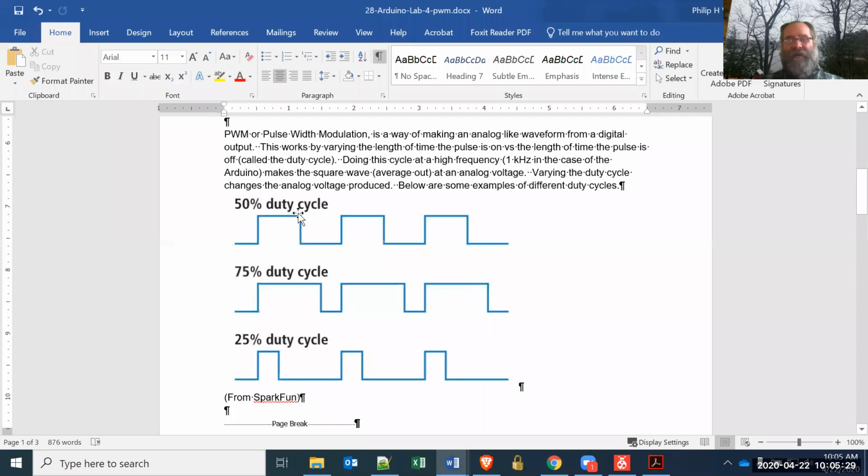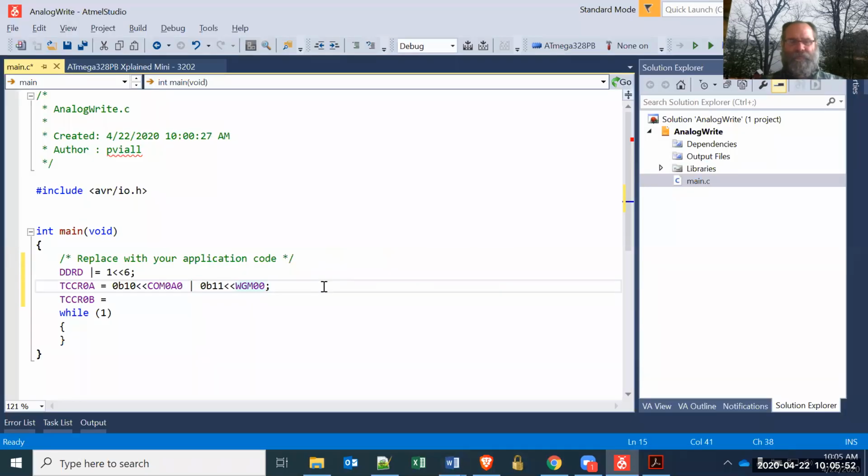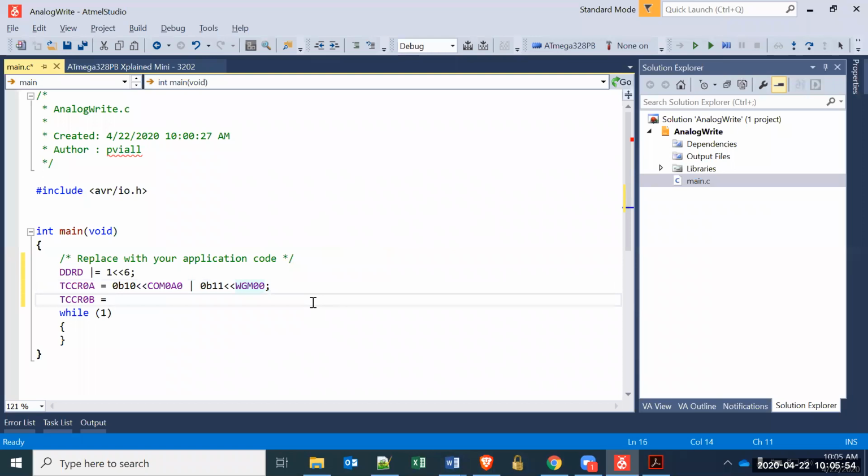If I have the output compare register A set to 128, when T count matches that, it's going to go to 0, and then it's going to be 129, 130, 131, 255. So there's going to be 256 different states. And when you divide that by 256, what is it you get, AJ? 976.56. 976, okay.